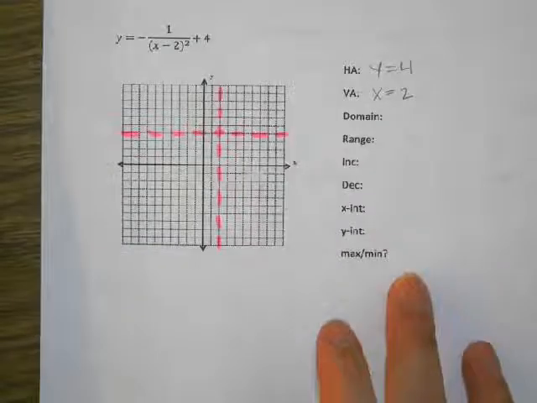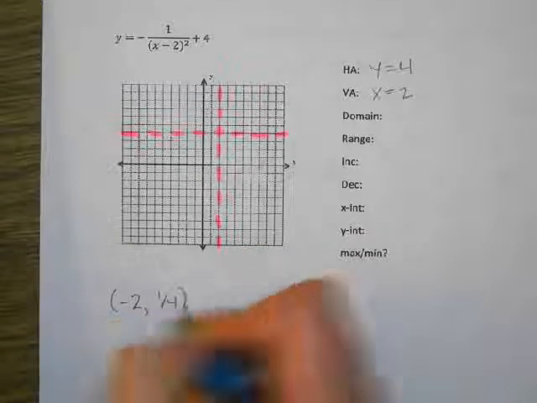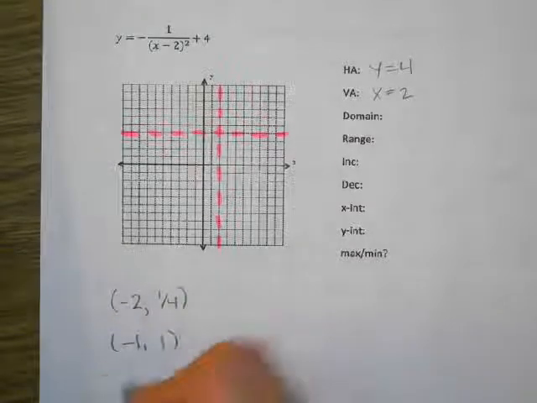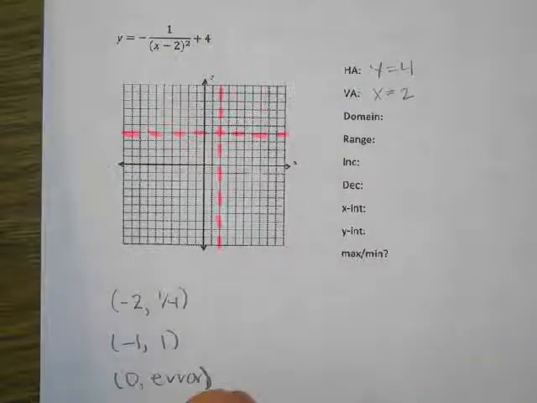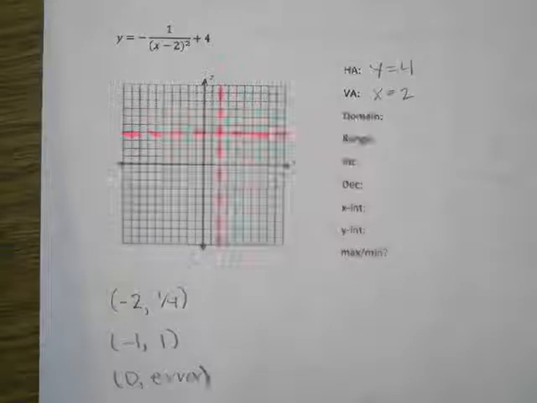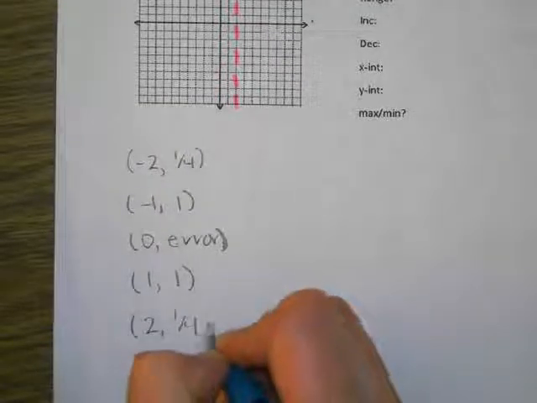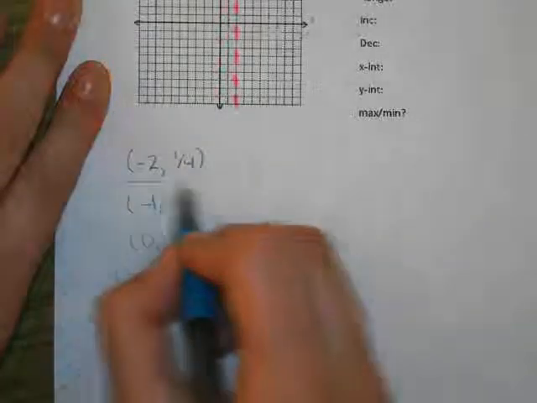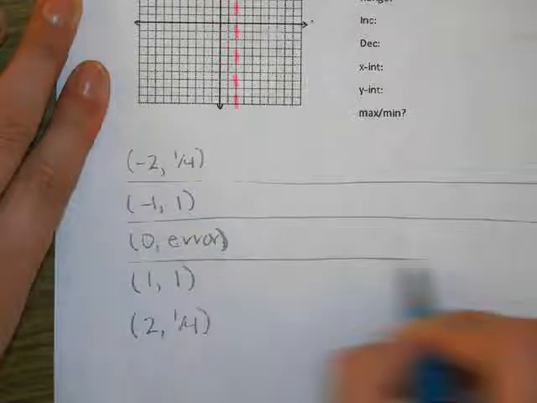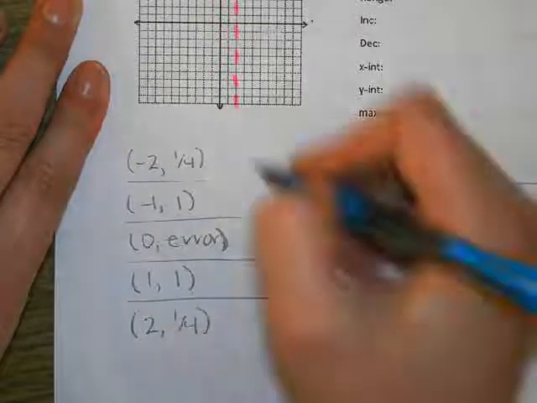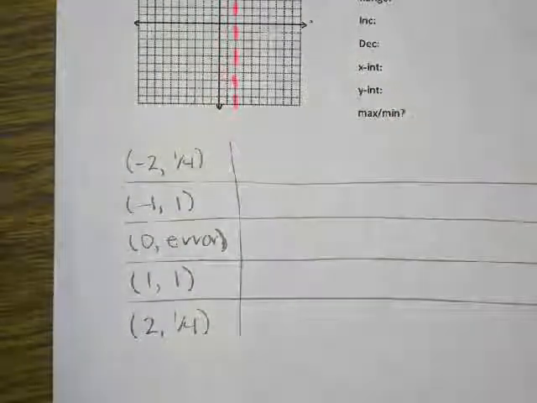All right, we're going to make our table. So this table was negative 2, positive 1/4, negative 1, 1, 0 error, positive 1, and positive 2, 1/4. Okay.